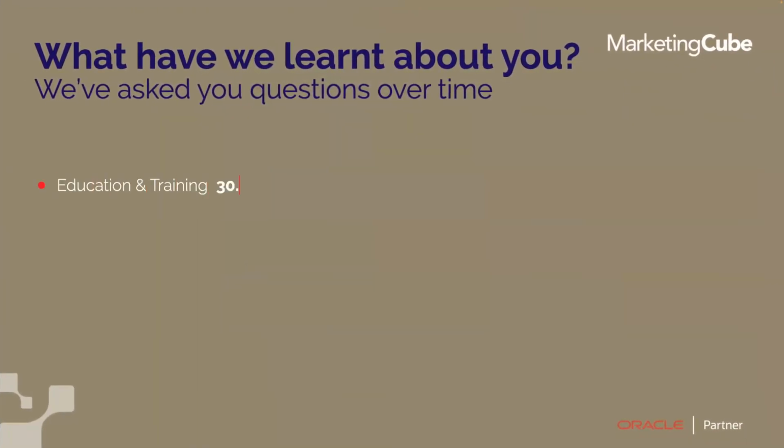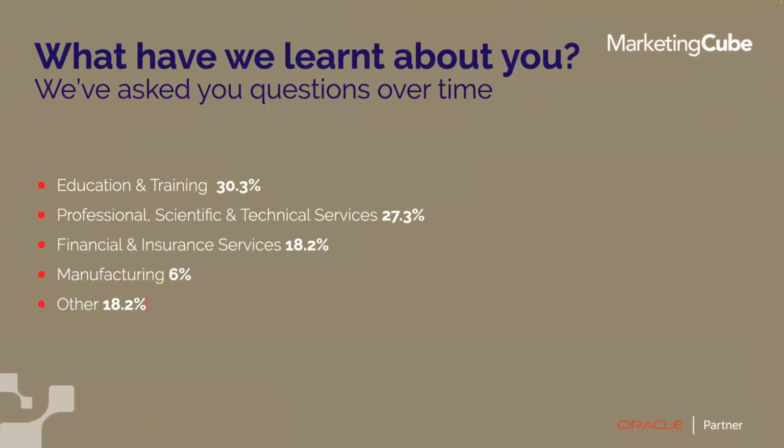Given the topic here is to know your buyer, I thought I would turn that around and give you an idea as to who's on the call with us. We've collectively looked at data across both the Asia Pac episode as well as our US and EMEA episode and combined them. 30% of people are from education and training, which from Marketing Cube's point of view is largely university organizations.